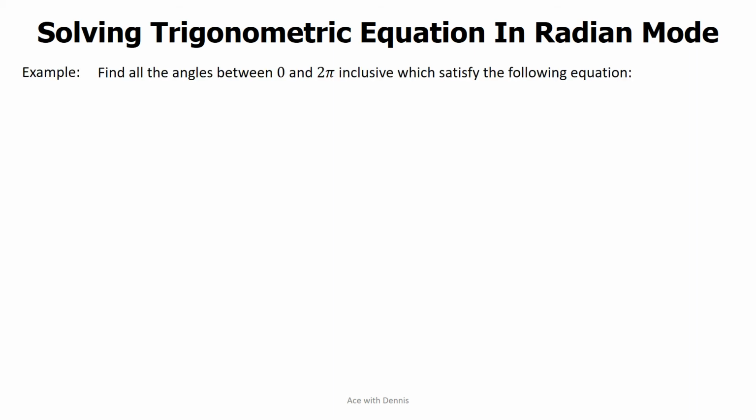Now look at this example here. Find the angles between 0 and 2 pi inclusive which satisfy the following equation: 1 plus 2 sine (3y over 2 plus pi over 12) equals 0. So this is the solution. Recall that pi equals 180 degrees, so that's why the range 0 to 2 pi is 0 to 360 degrees.